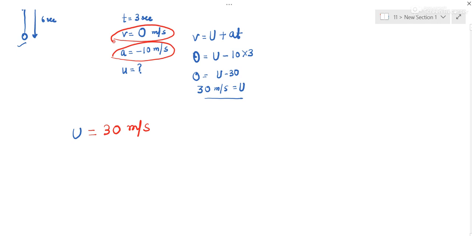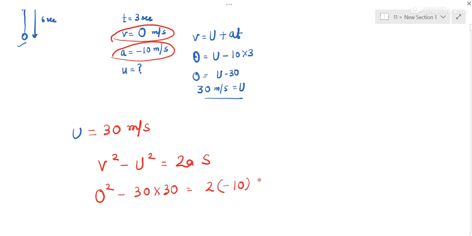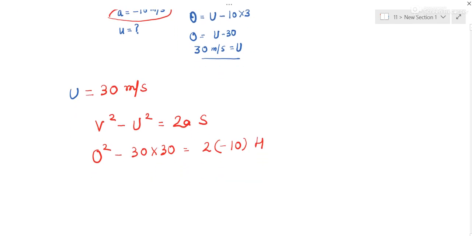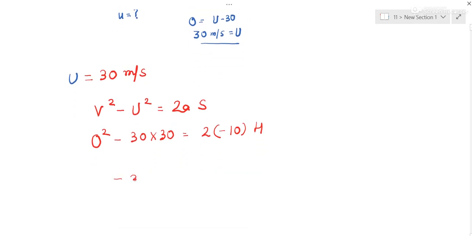You can find out using v square minus u square is equal to 2as. Third equation you can use. V is 0. This is 30 into 30. This is 2 into minus 10 into height. So minus 30 into 30 is equal to minus 2 into 10 into height.